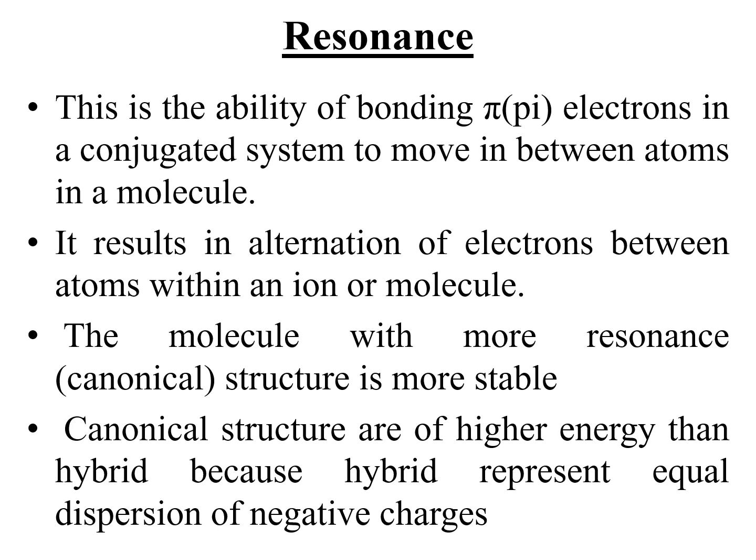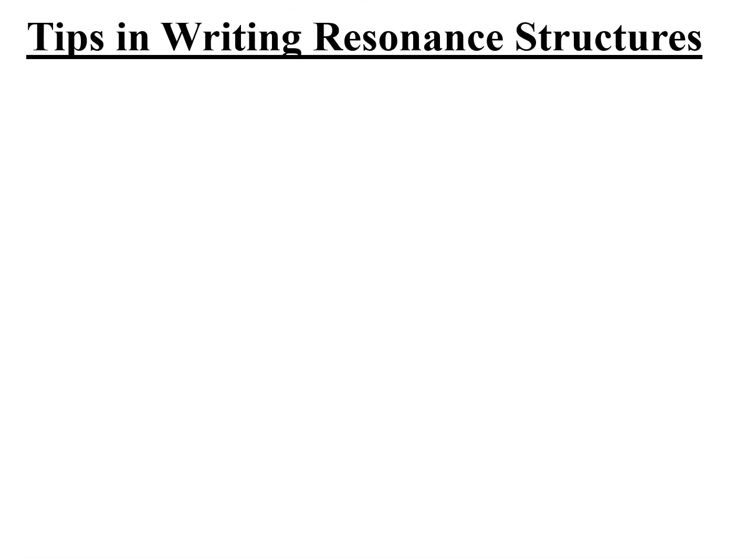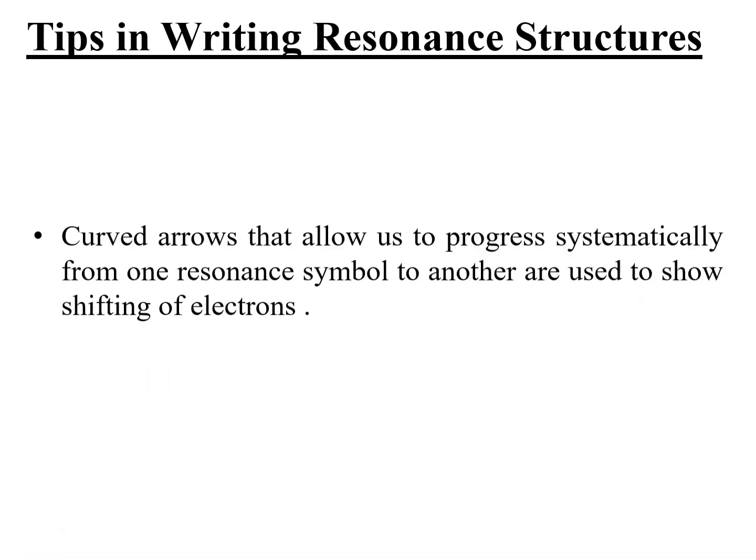That's why when a compound has so many resonance structures, that compound is regarded as more stable and more acidic. Canonical structures or resonance structures have higher energy than the hybrid, because in the hybrid there's equal dispersion of the negative charge.